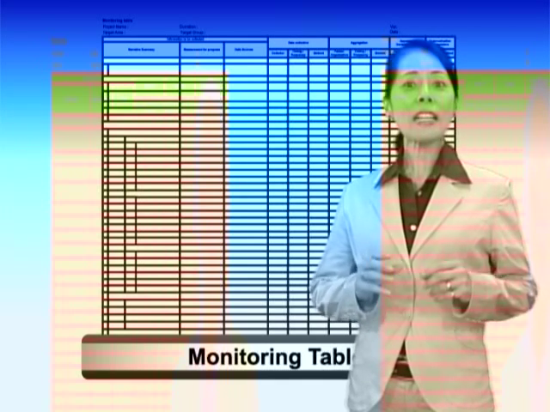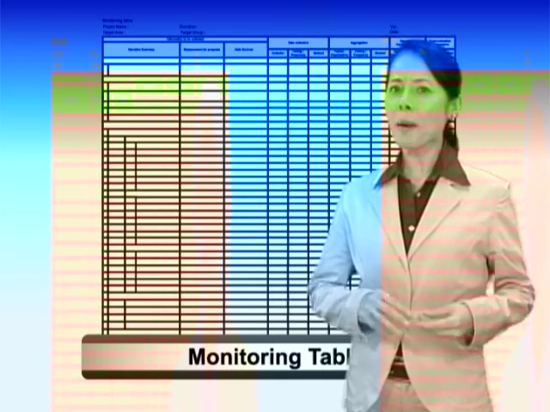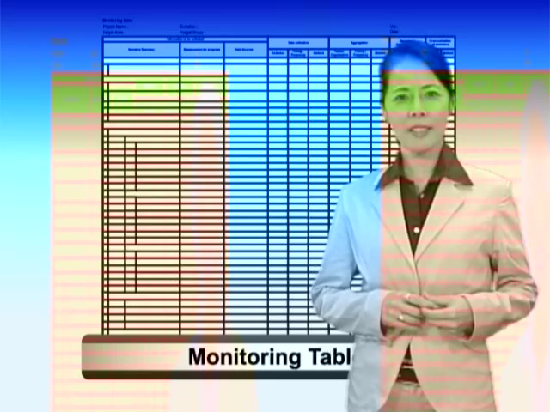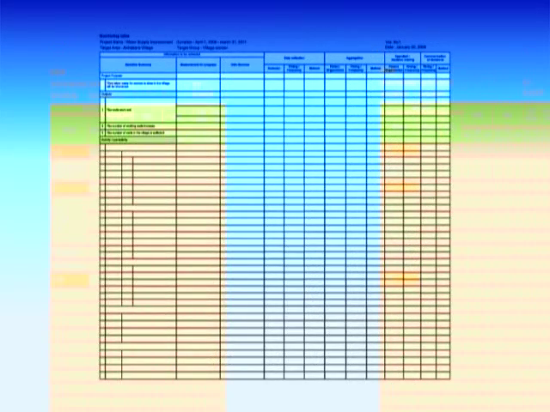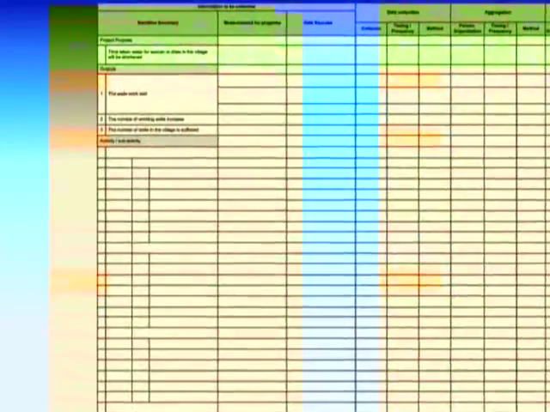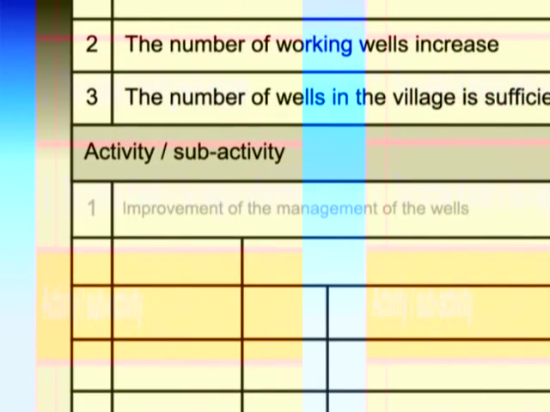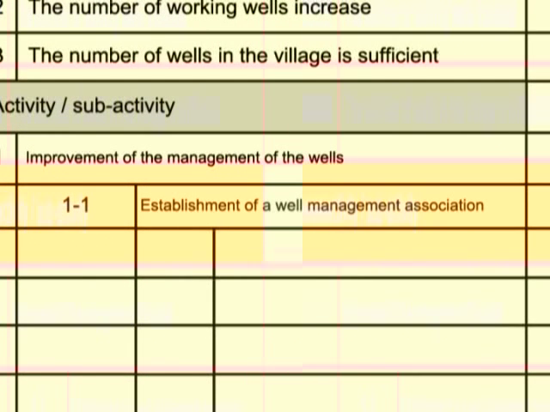Now, let us fill in the blocks for the example of Akihabara village. First, the sub-activity for the activity 1, improvement of the well management, is 1-1, establishment of management association.